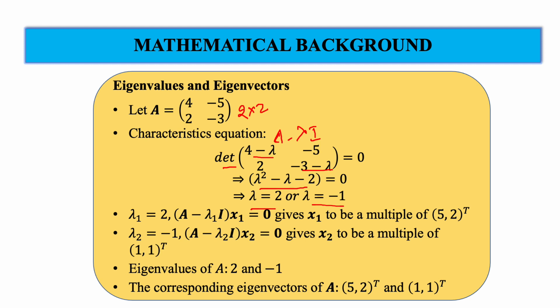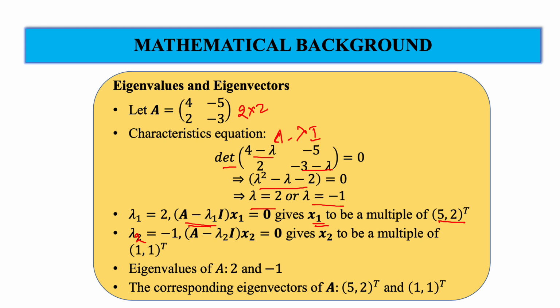Now how will you get the corresponding eigenvectors? We substitute lambda 1 equals 2 in this equation, so (A minus lambda 1 I) x1 should equal 0. If you solve this, you will get x1 to be a multiple of (5, 2). Similarly, by putting lambda 2 equals minus 1 in the equation (A minus lambda 2 I) x2 equals 0, you will get a multiple of (1, 1).